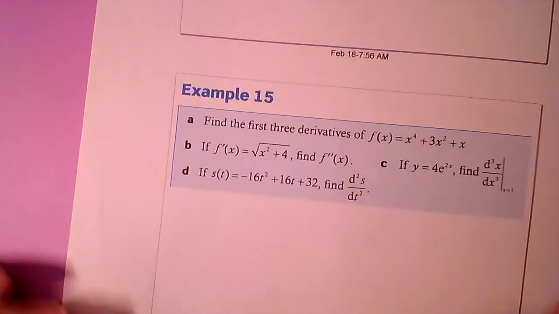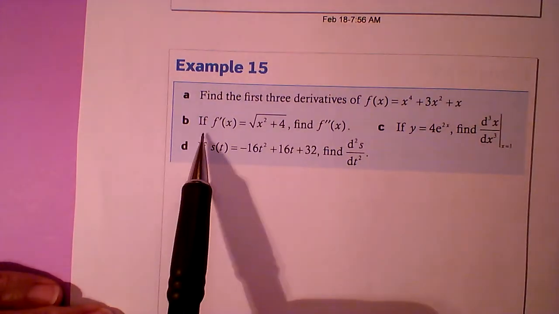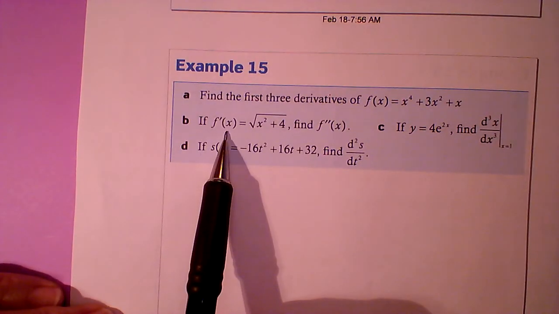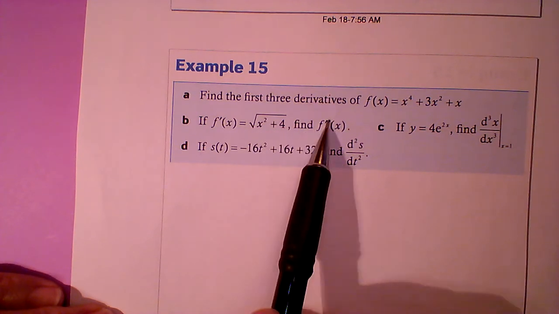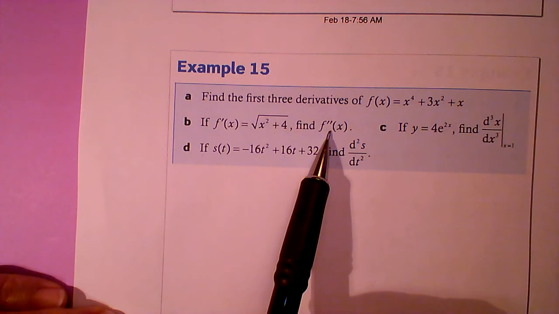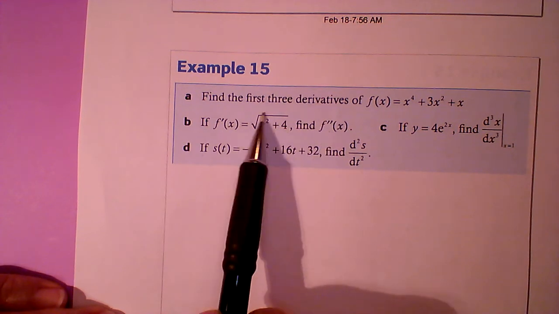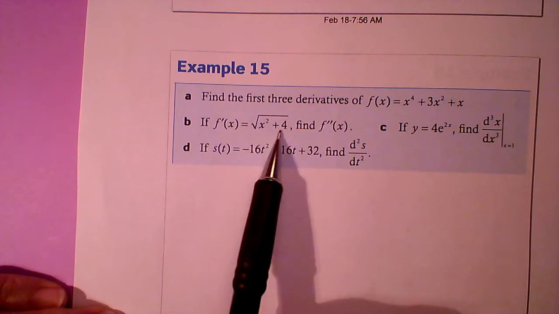All right. Let's take a look at B. In this case, B says if the first derivative is the square root of x squared plus 4, find the second derivative, f double prime of x. So we're going to need to use the chain rule here. We have two functions going on. We have the square root function and then the function that's on the inside.